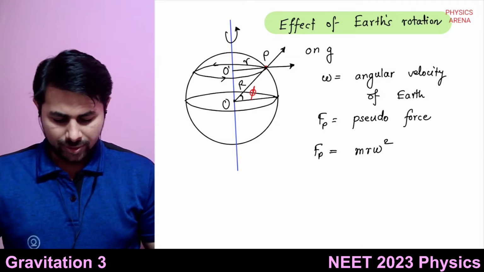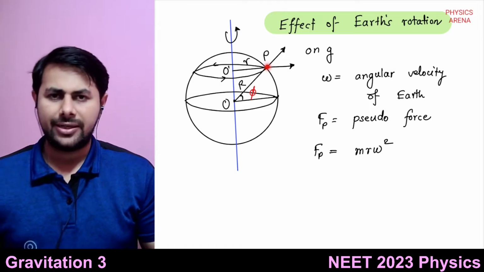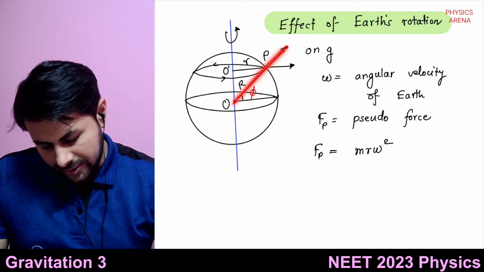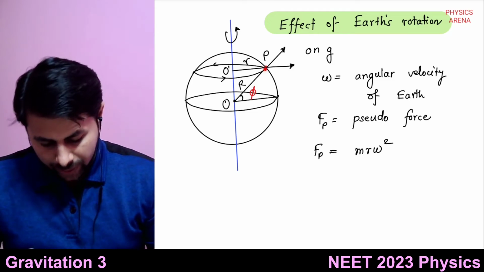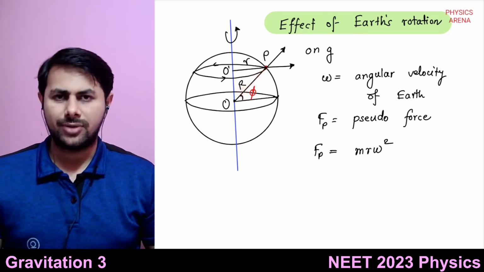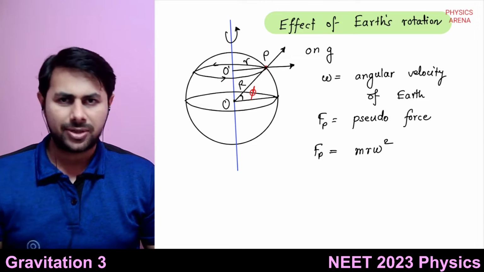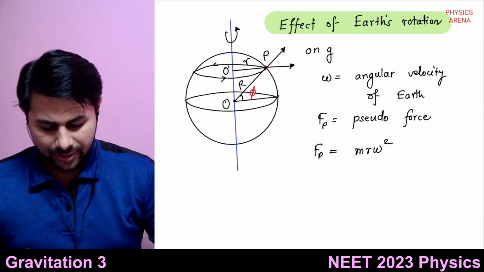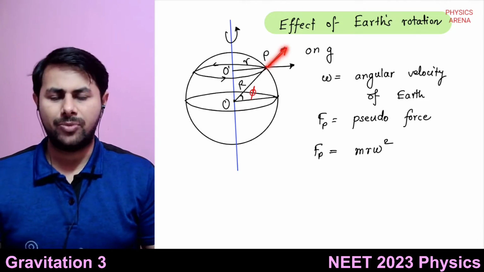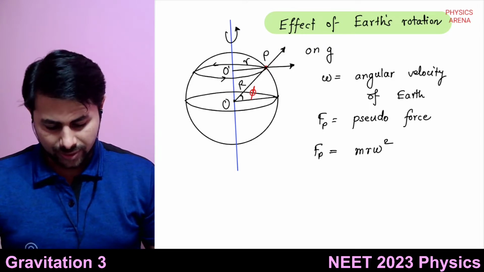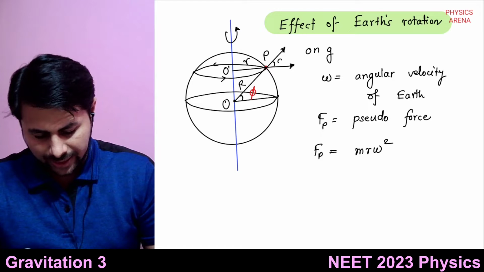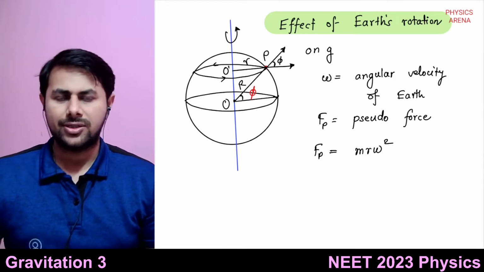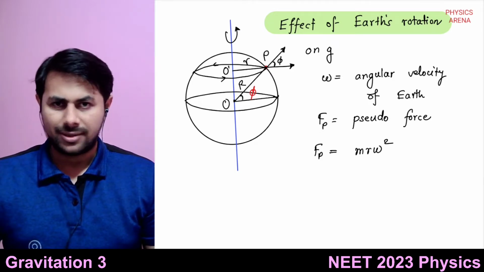So for this direction, two forces act on the person: the force due to gravity, acting towards the center of Earth, and this component of the pseudo force. This component is Fp cos phi, since this angle is phi.